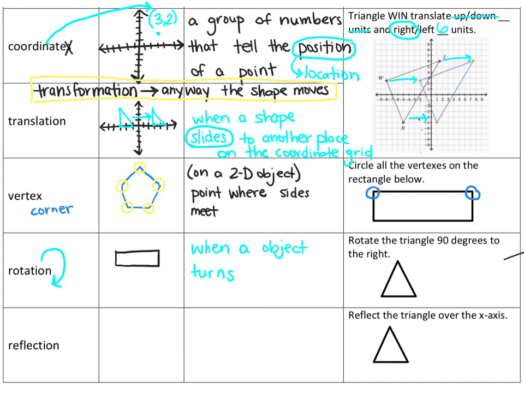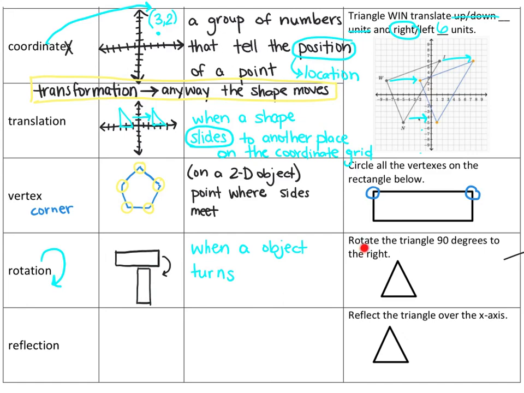Okay, and I'm going to make sure that this rectangle turns. So now this side is going to be on the bottom. So I don't change the shape, I just turn it. So now, this was it before, this is it now. Now it's rotated.